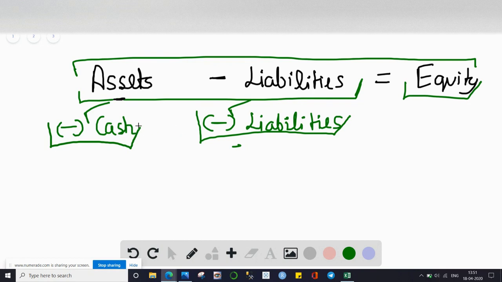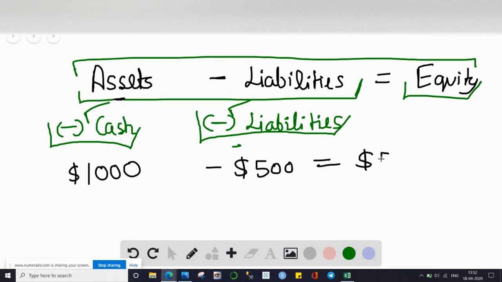We can also understand it in a different way. Let's say we have $1,000 of initial assets, $500 of initial liabilities, and as net we have $500 of equity. Am I correct? Now let's say the account payable, which in the current question is around $200.